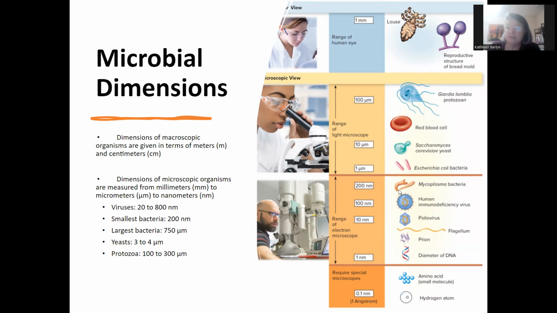And then continuing on, getting smaller, mycoplasmas are smaller than typical bacteria, and then viruses, we have large viruses like HIV, all the way down to smaller viruses like the polio virus, and then we can get down to substructures like a flagellum, a prion, which is just a protein, or DNA itself, and then even smaller things that we can't even come close to observing in our class.